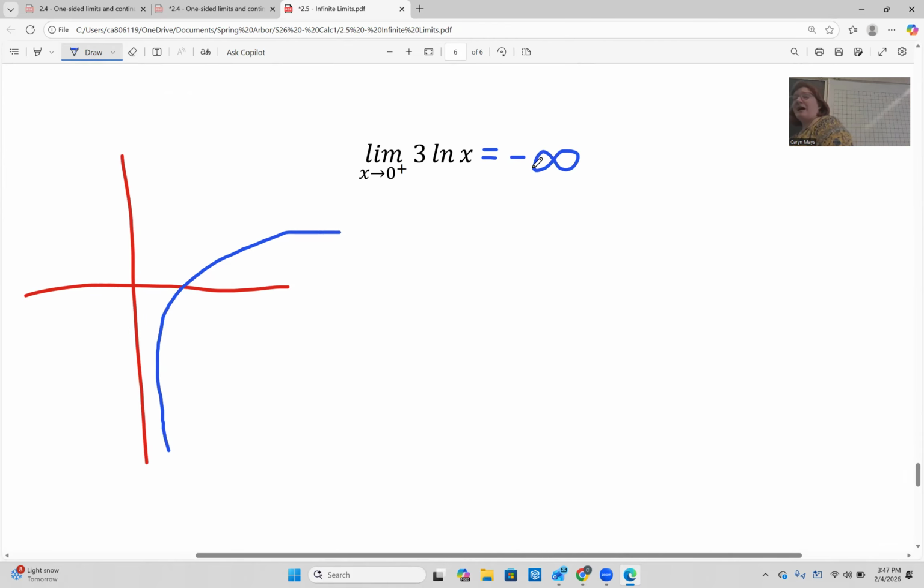We can't, however, talk about the limit from the left-hand side here, because there's nothing on the left of 0. So this problem is very specifically from the right. We can only talk about that right-hand limit. So one of those, watch your negatives.